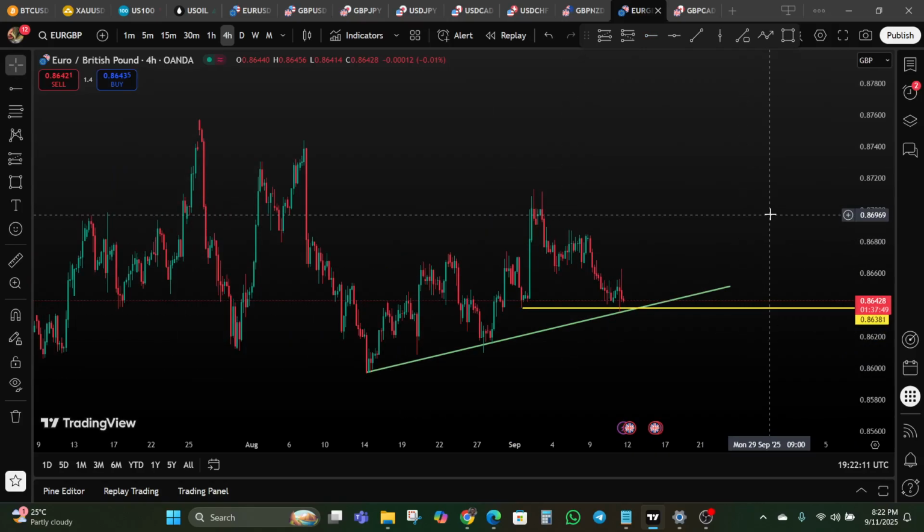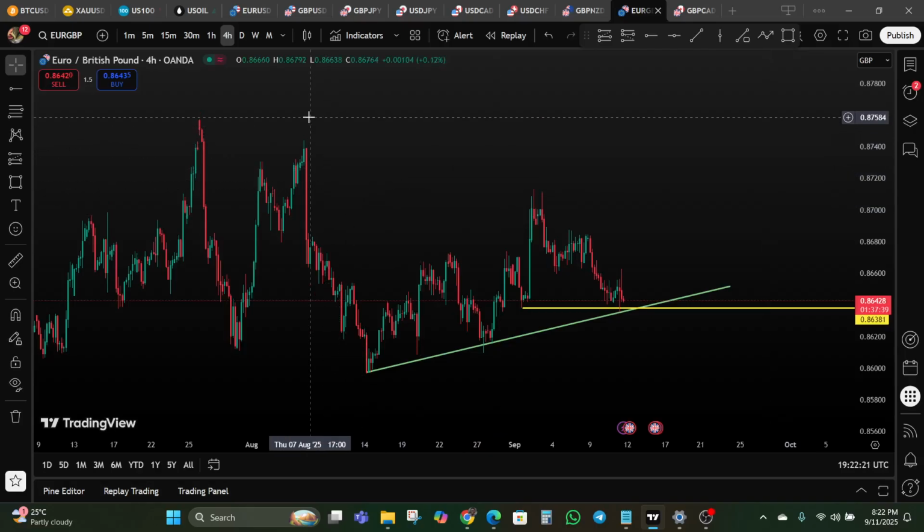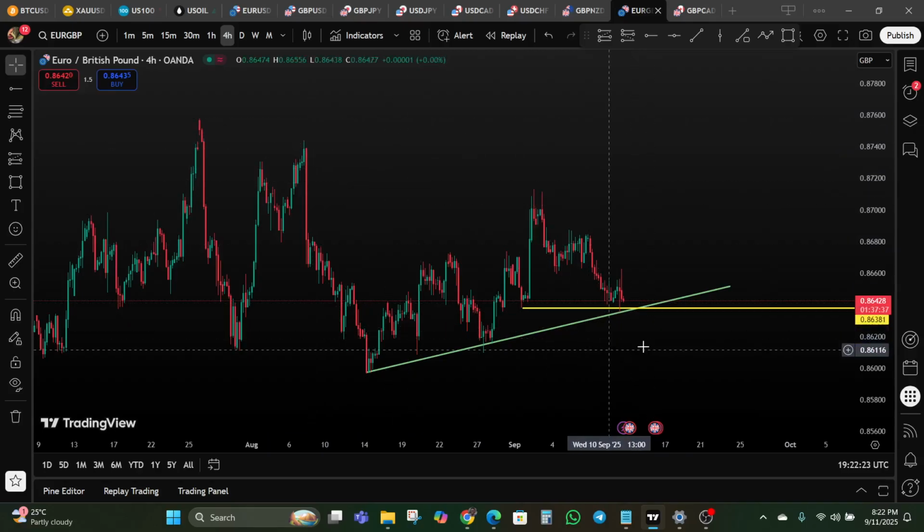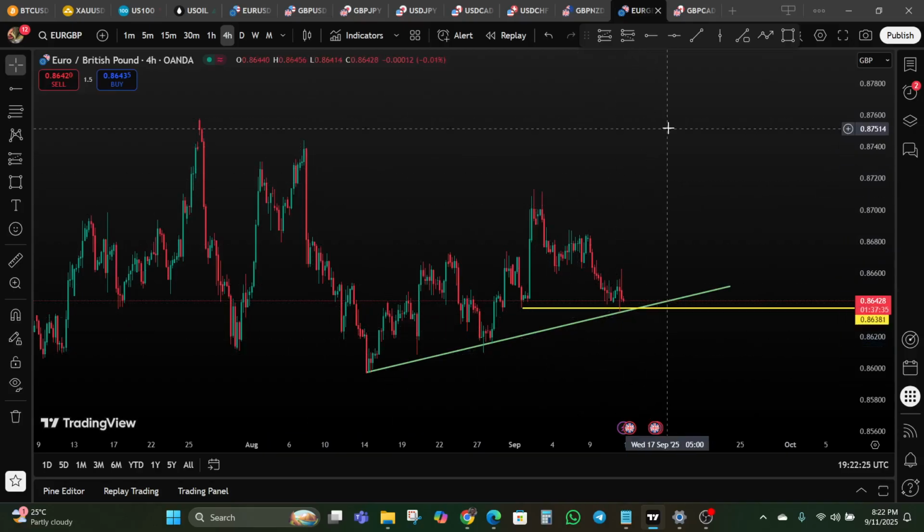So institutions know where retail traders place their stop losses, and they use this liquidity as fuel for their larger moves. On the daily or the 4-hour charts, these liquidity pools often mark the beginning of major swings.